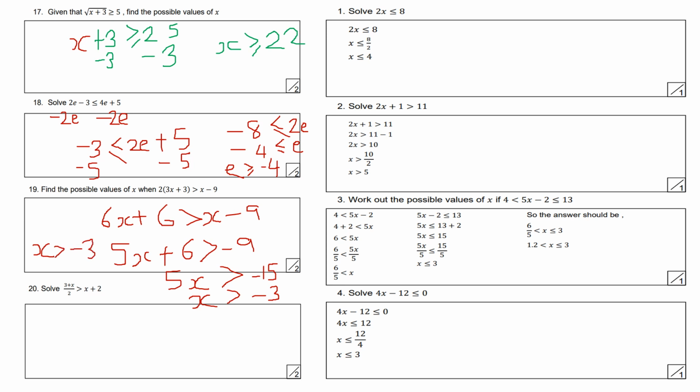Question number 20, solve this inequality. I'm going to multiply everything by 2 on both sides. So I get 3 plus x is greater than 2x plus 4. I'm then going to subtract x on both sides. So we get 3 is greater than x plus 4.